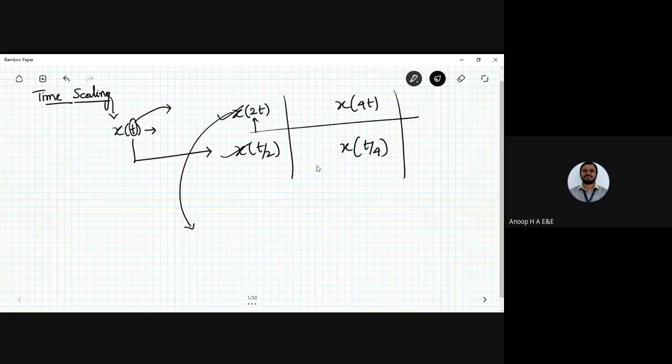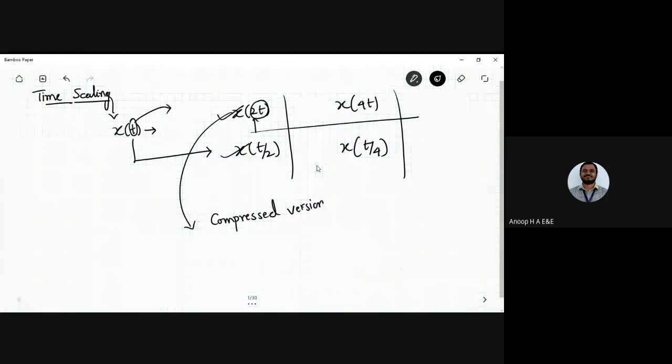Let me show a difference between both of them. Here the time is being multiplied, so this is the compressed version of the signal x of t.